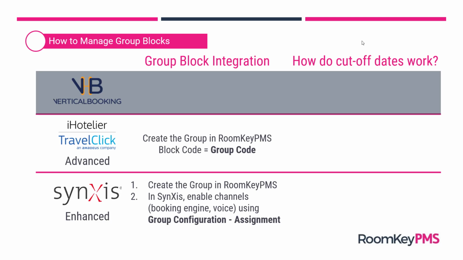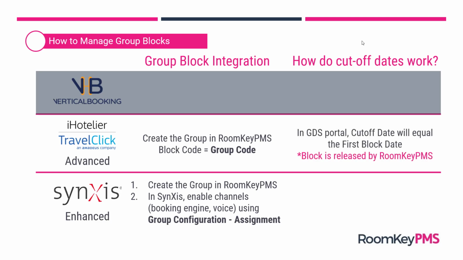That means that rooms will be released if they are not booked by a certain date before the group arrival date. Now, when it comes to iHotelier Advanced, you'll notice that when you view the group on that GDS portal, the cutoff date will actually be equal to the first block date or the arrival date for that group.